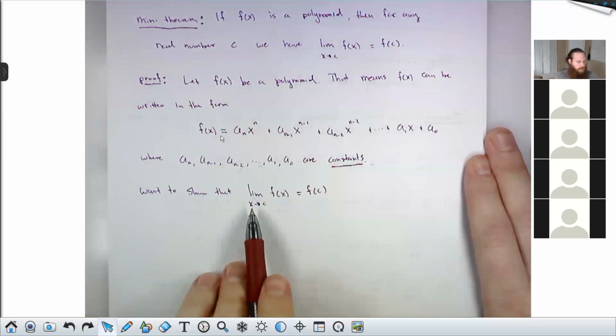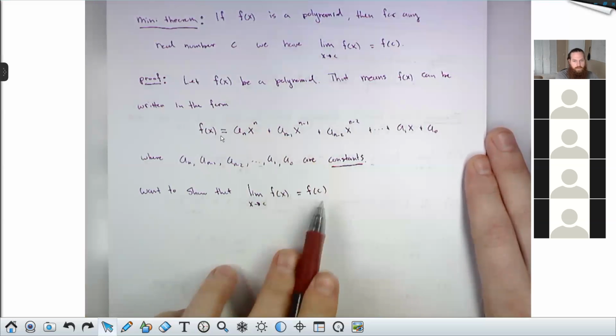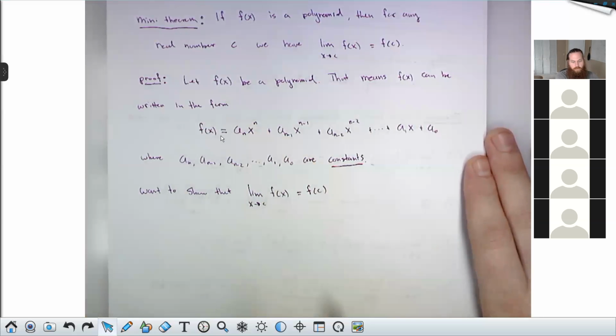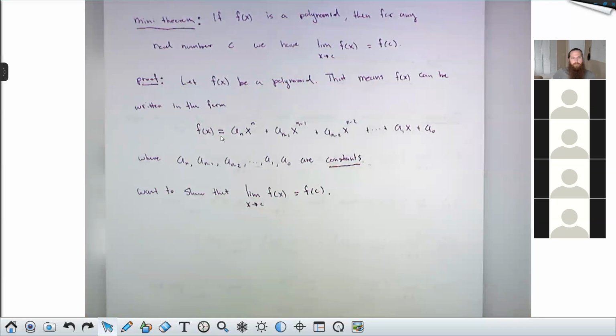So I should write down what the limit as x approaches c of f of x is, and try to show that that's the same as what you get if you just plug c into this formula for f. Is everybody on board so far? Any questions so far?